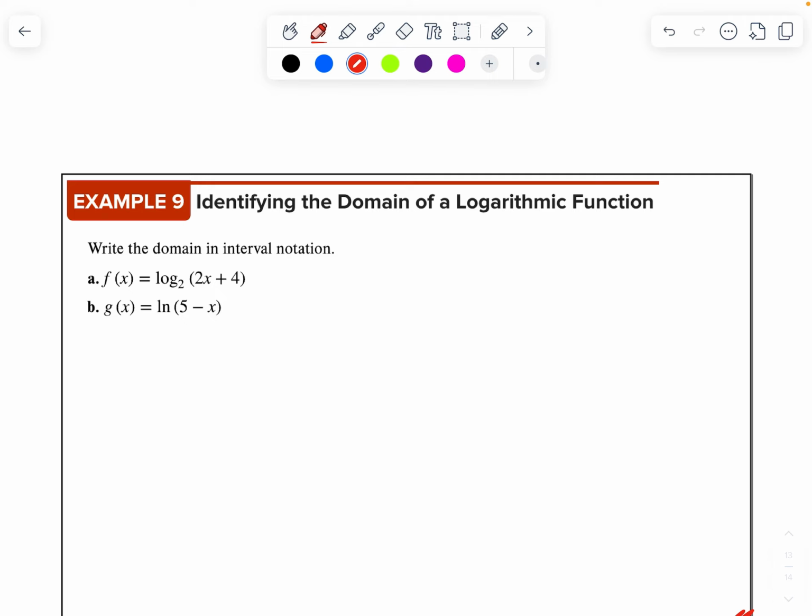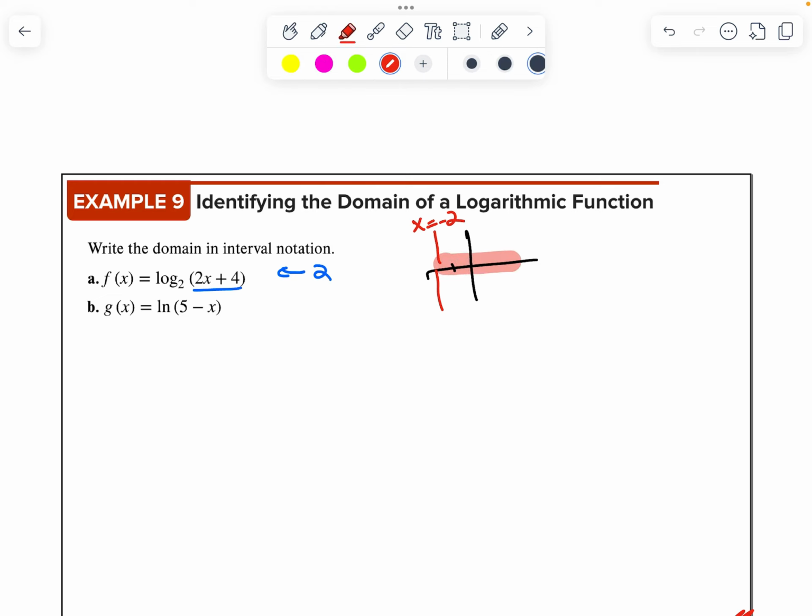All right, if I wanted to write the domain of this one, we need to know where it shifts. And so on this one, since we have 2x plus 4, a negative 2 would make that 0, and so this actually shifts to the left 2. And so just a general idea of the graph, right? We don't need anything super particular, but we have a vertical asymptote at x equals negative 2.